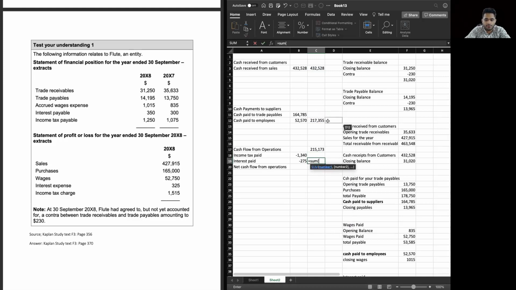Total cash outflows from income tax and interest is 1615. So your net cash flow is 215,000 minus 1615, 213,558. So that's going to be your answer for test your understanding question number 1.